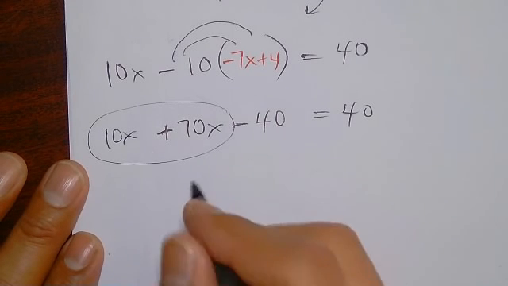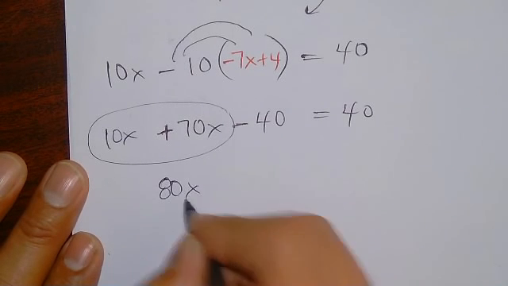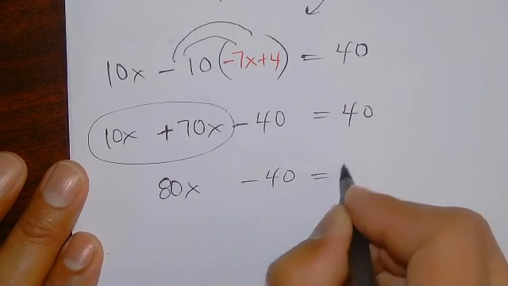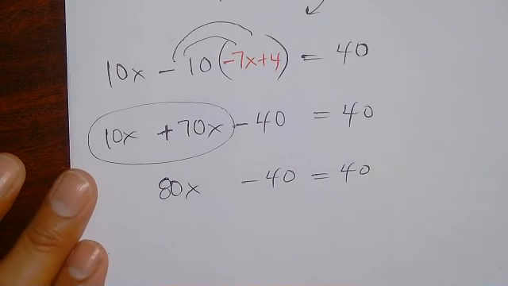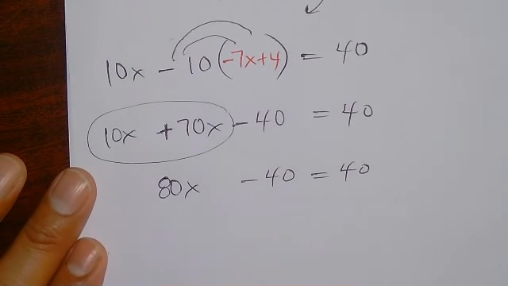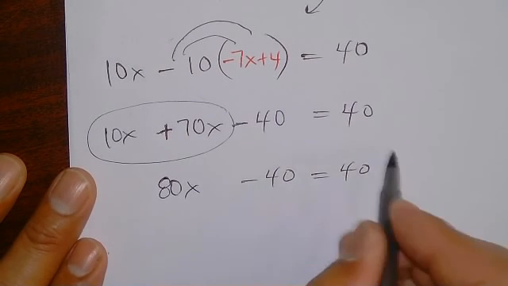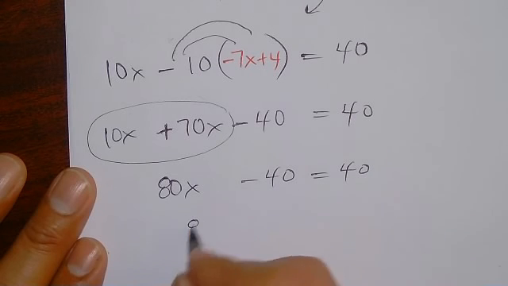Okay, I'm going to finish. I can combine like terms here. That's going to be 70 plus 10. Calculator? No. 80. 80x minus 40 equals 40.